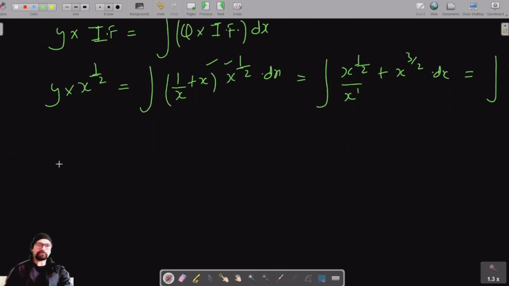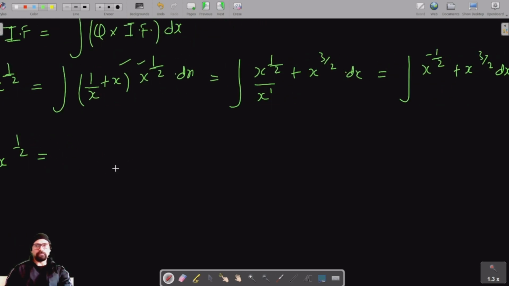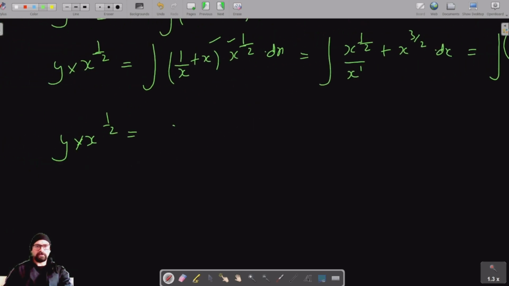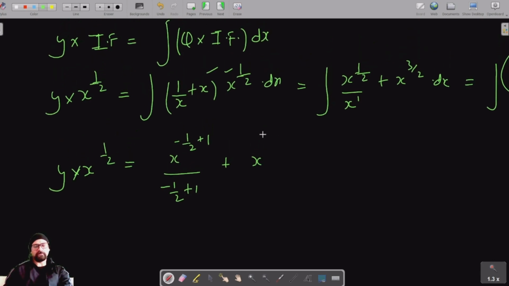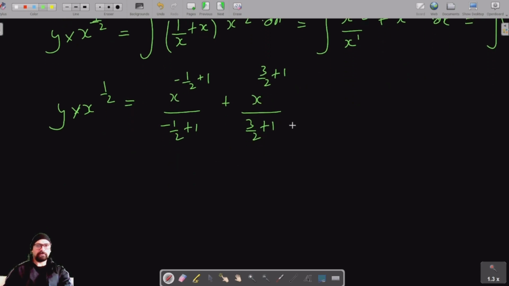Now, this is y into x raised to the power half, which is equal to, so on integrating, x raised to the power minus half plus 1 upon minus half plus 1, and next is x raised to the power 3 by 2 plus 1 upon 3 by 2 plus 1.